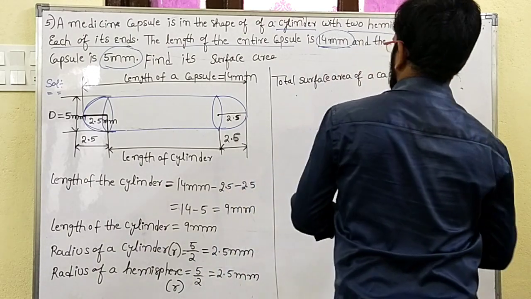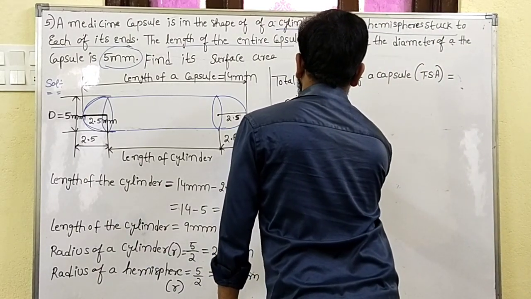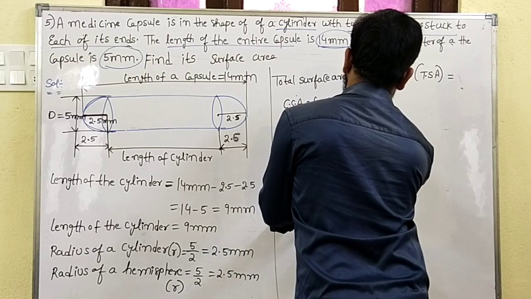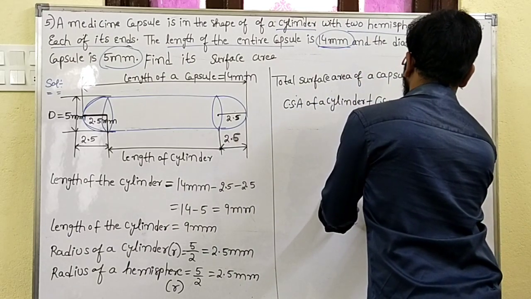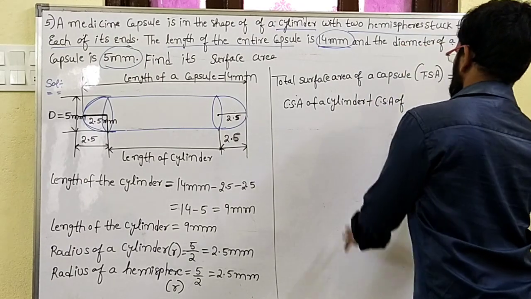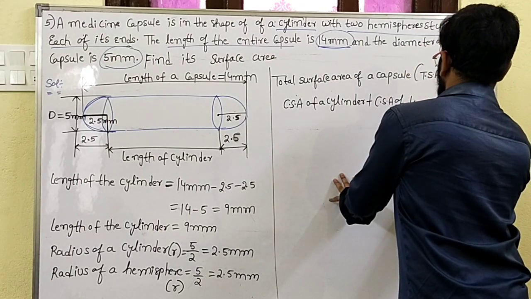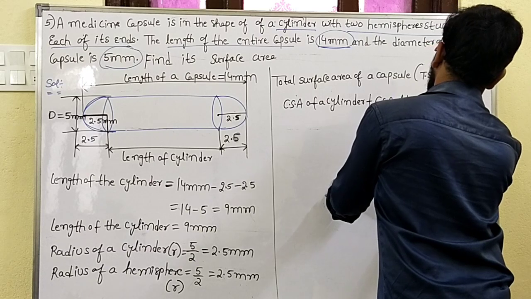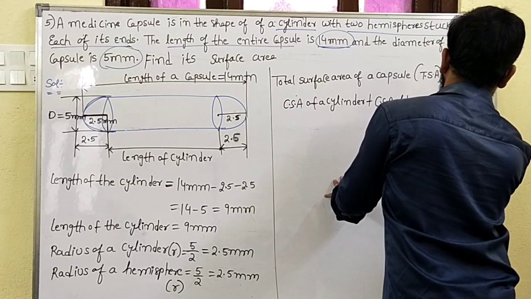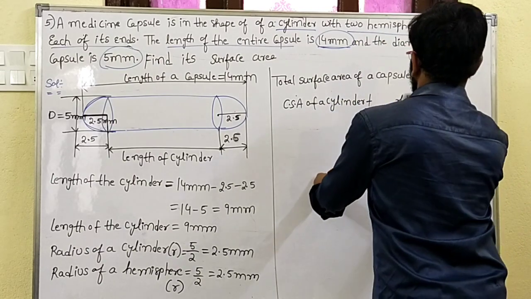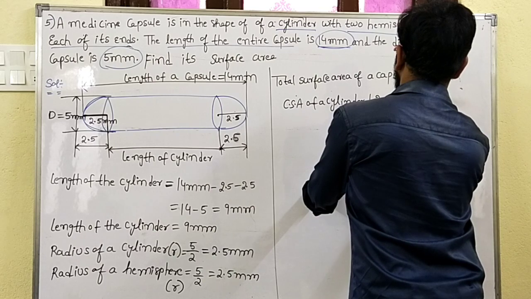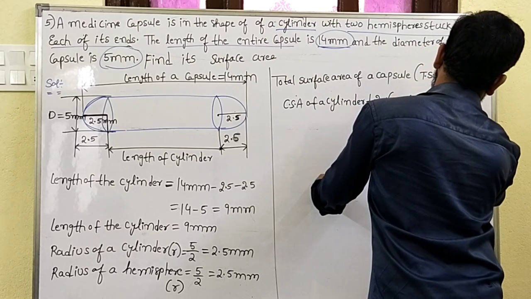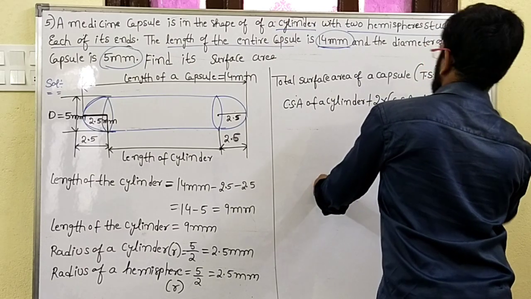So it will be the CSA of a cylinder plus the CSA of 2 hemispheres, that is CSA of cylinder plus 2 times the CSA of a hemisphere.